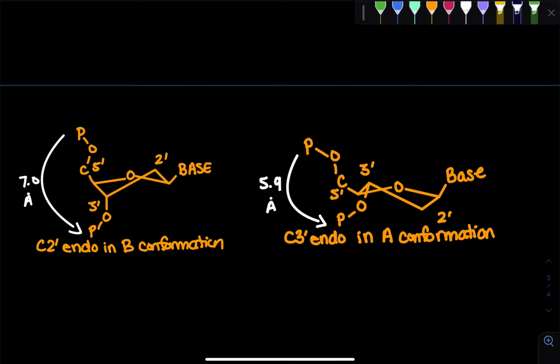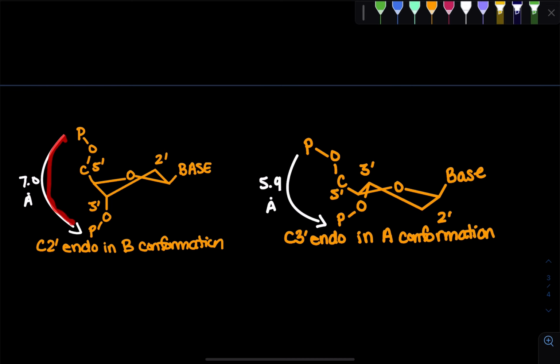When those phosphates are closer together, it's called the C3 endo, and it is found in the A conformation. Whenever the phosphates are closer together, it results in the shorter length of the DNA double helix, and as a result, we get the A conformation.